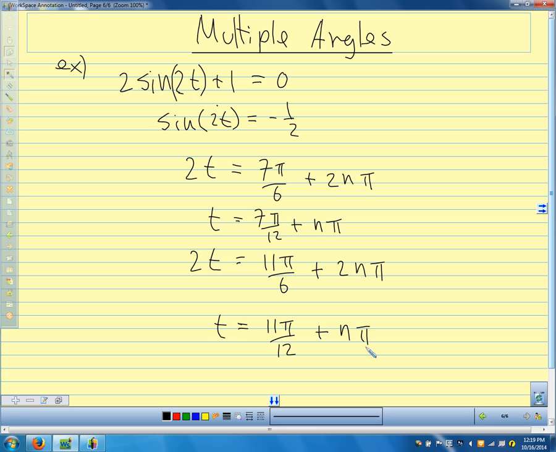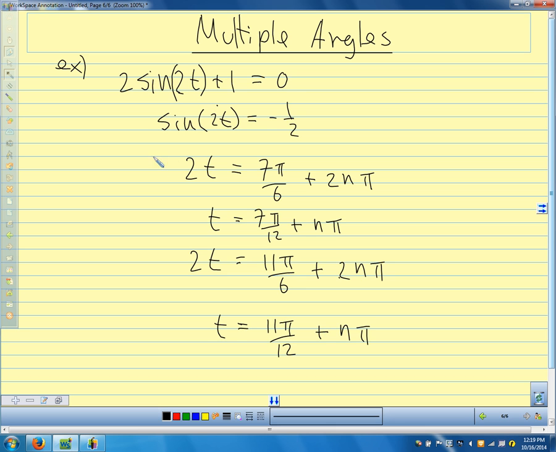So this one should be n pi. Yeah. So we divided this whole thing by 2. Divided 11 pi over 6 by 2 and divided the 2n pi by 2.